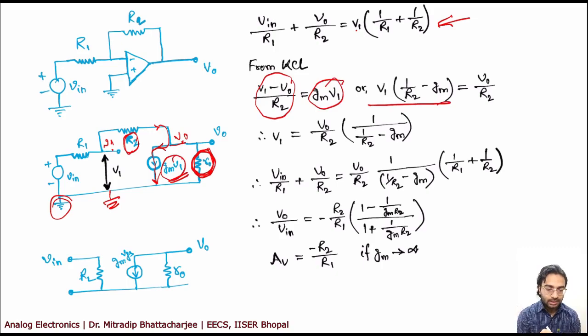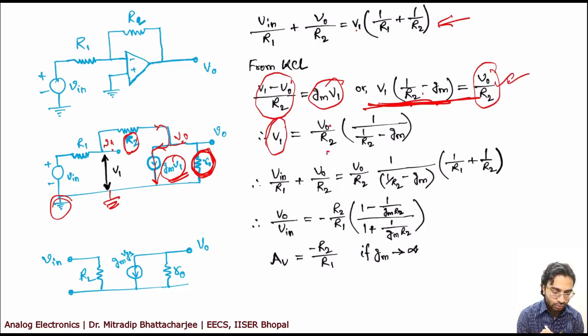Do some adjustment. You will find V1 into 1 by R2 minus GM is equal to V0 by R2. Nothing complicated here. So what is the value of V1? V1 is equal to V0 by R2 into 1 by the entire thing, 1 by R2 minus GM.